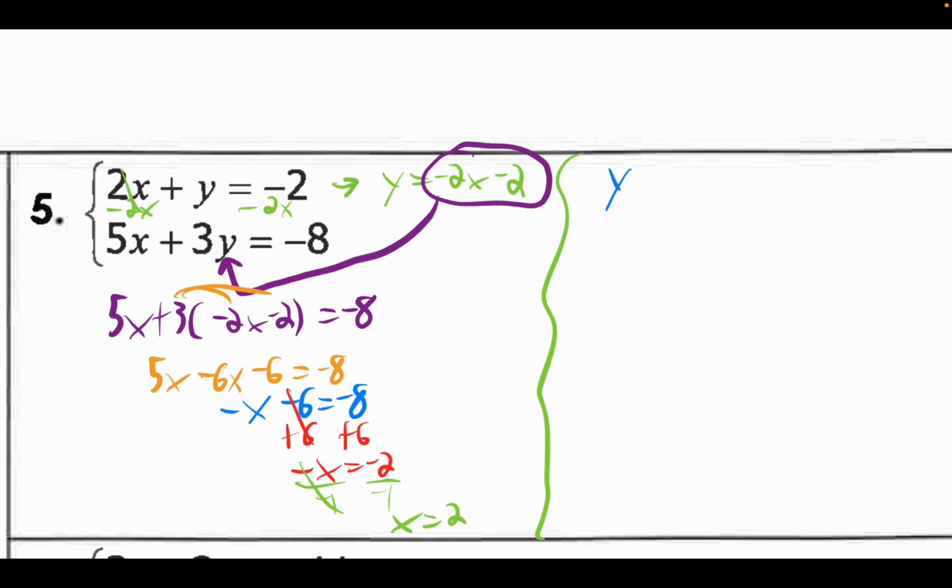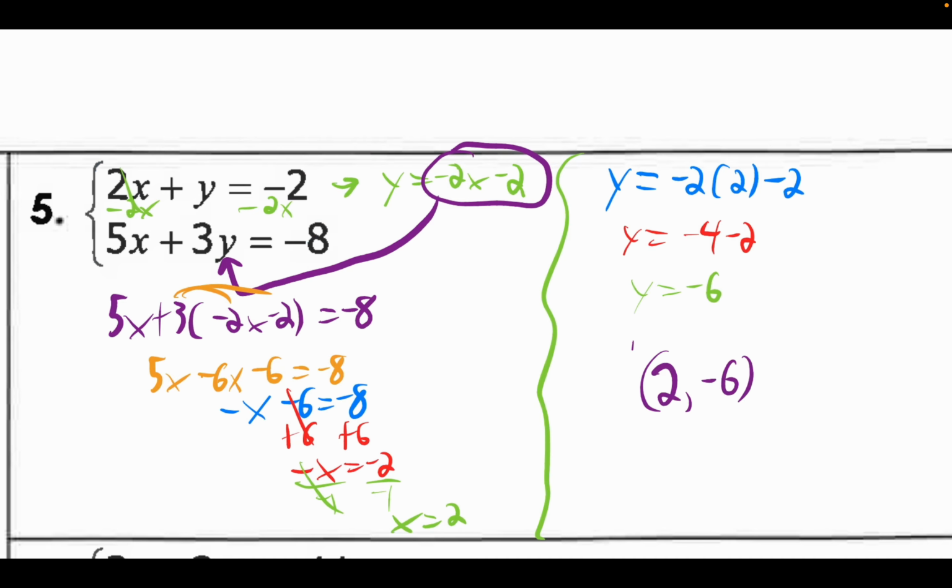And so if I plug it into that revised equation, that new equation we made, we get y equals negative 2 times 2 instead of negative 2 times x minus 2, because x equaled 2. So that's why it goes here. And now as we do order of operations, we get negative 4 minus 2, which is negative 6. And so that would be the ordered pair 2 comma negative 6.